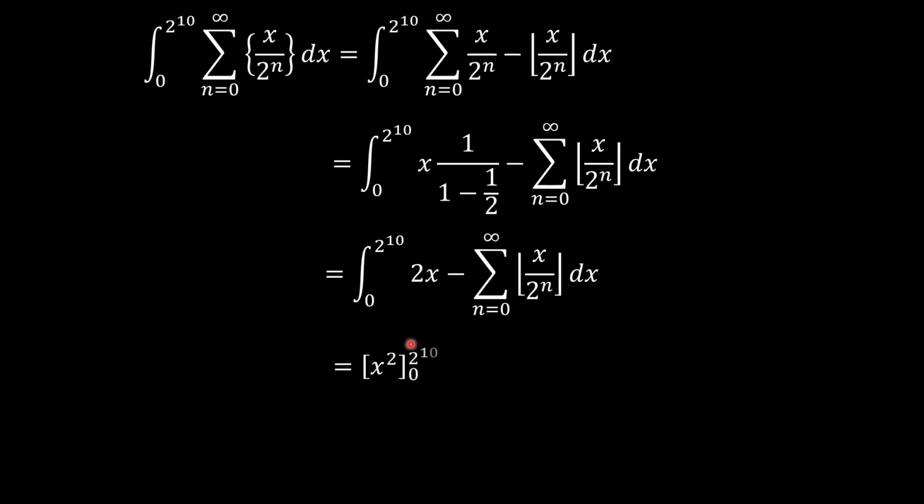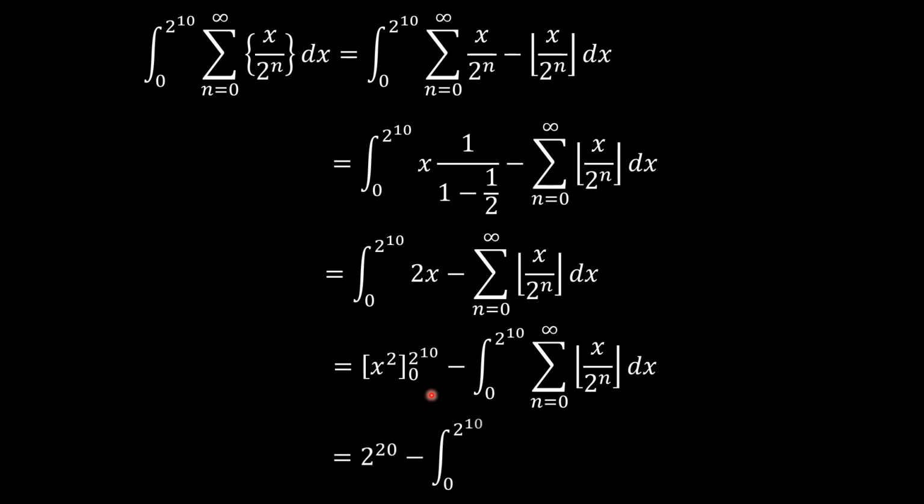So 2x when integrated is x squared from 0 to 2 to the power 10. And so that means that it's the same as 2 to the power 20 minus now the integral of the summation of the floor function of x over 2 to the power n.